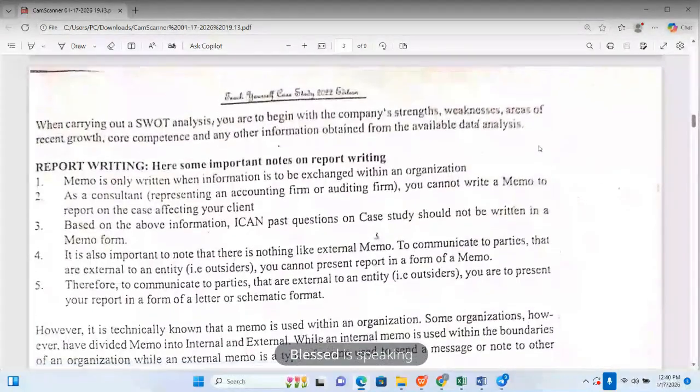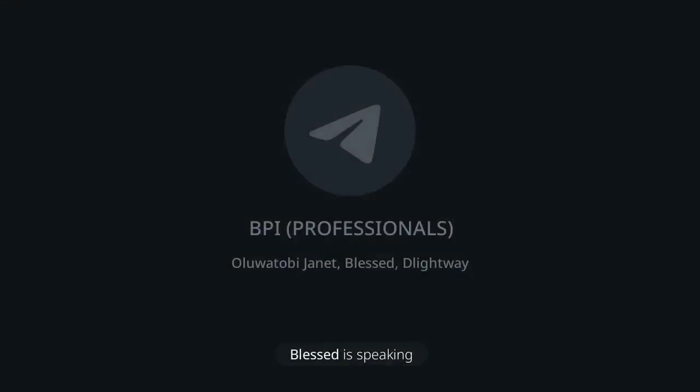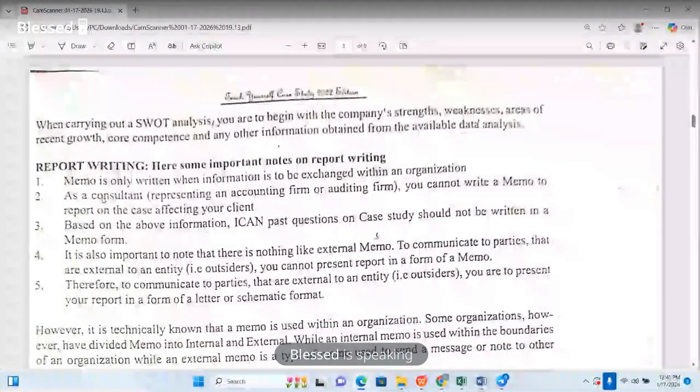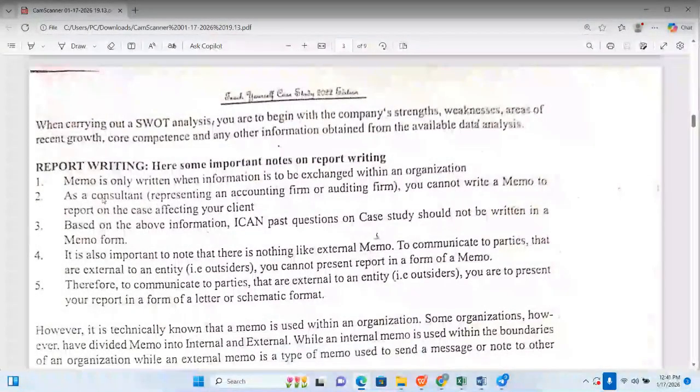So a memo is only written when information is to be exchanged within an organization. We have talked the other time about internal and external reports, right? Yes. As a consultant representing a team, you cannot write a memo to report on the case affecting your client. Based on the above information, a past question on a case study should not be written in a memo format.